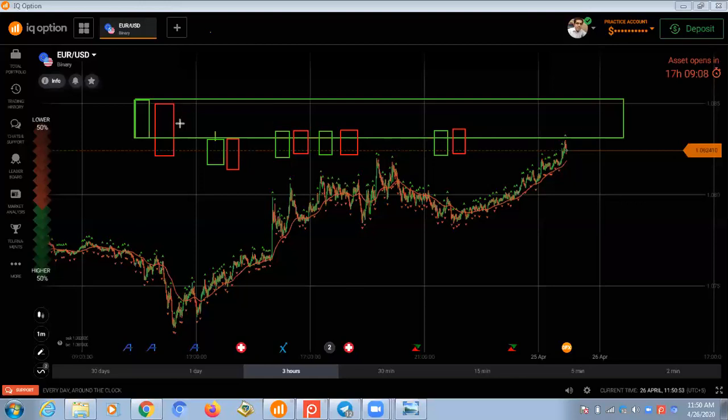This is the supply area, because the sellers are strong. Sellers engulfed this candle in this area. It means this is the whole area of the sellers. When buyers come to this level, the sellers will become active again and make this type of candle. So this is a false breakout. The false breakout happens in the supply and demand zone.